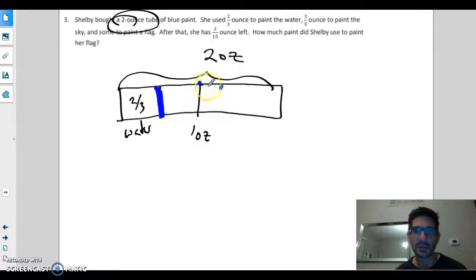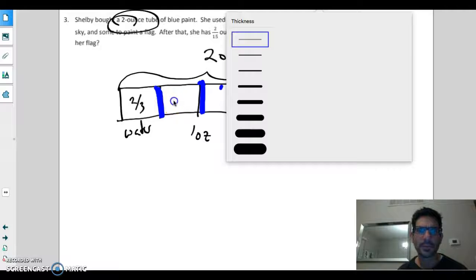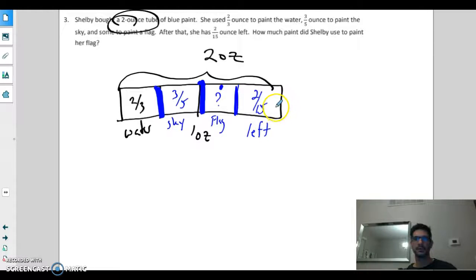And she uses 3/5 to paint the sky. I'm sorry. 2/3 for the water, 3/5 for the sky. Some to do the flag. And then 2/15 left.